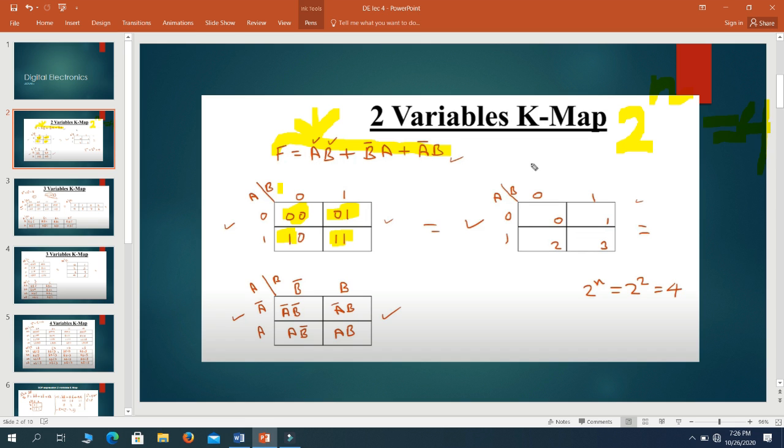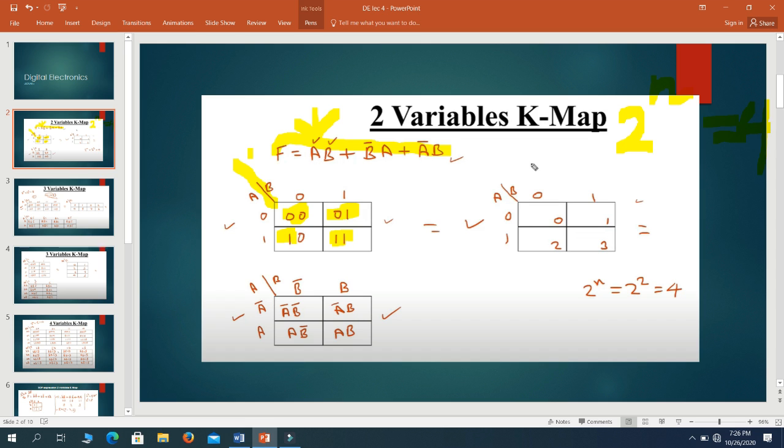Once we have made these cells, we have to draw a line like this, and in the left hand corner we write one variable, that is A. In the other corner we write the other variable, that is B.